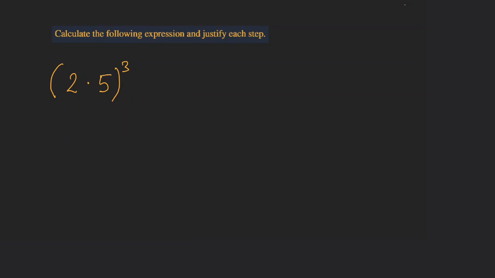Resolving the parentheses first, we get the expression to equal 2 times 5 is 10, cubed, and that is 1000.